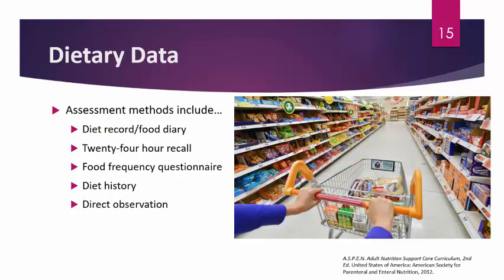One big piece of information that you should obtain is dietary data on your patient if you have it available. Some methods to do this include a food diary if your patient is outpatient, 24-hour recall, food frequency questionnaire, diet history, and obviously one of the big things you can do is direct observation if you have them in a closed facility.